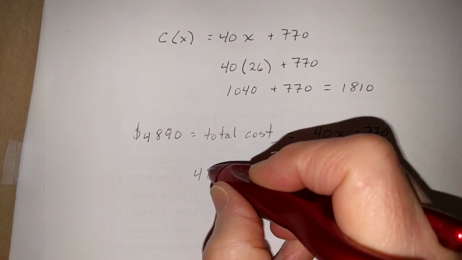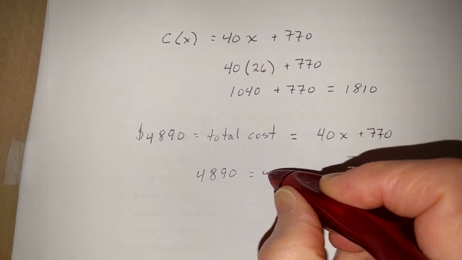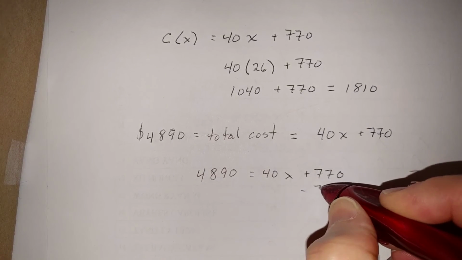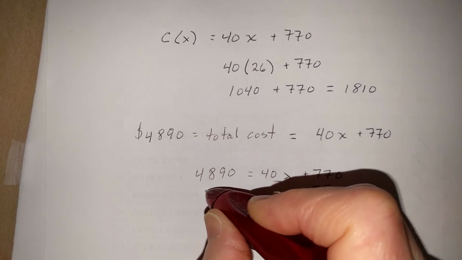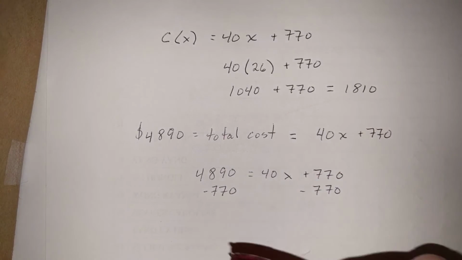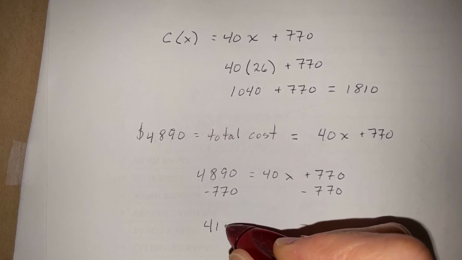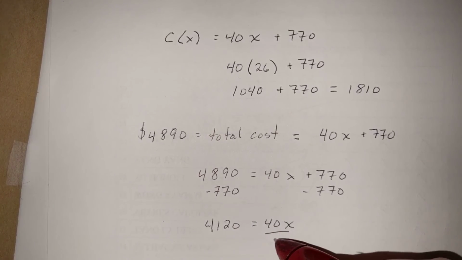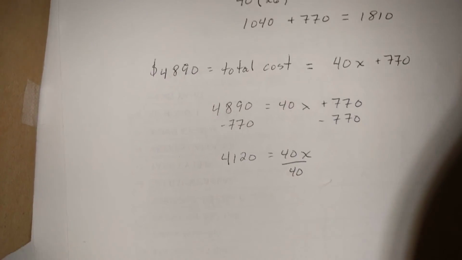So I've got 4,890 equals 40x plus 770. Solve for x. Subtract 770 from both sides. 4,120 equals 40x. Divide both sides by 40.